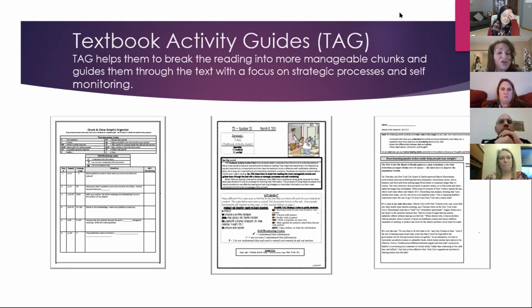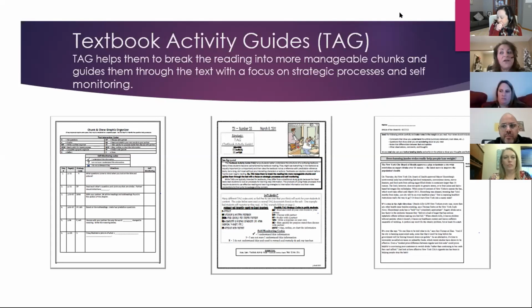So one strategy I really like is called a textbook activity guide. And what it does is, if you remember, the first strategy of getting kids to get through tough text is to break it into more manageable chunks. This was created just for that.